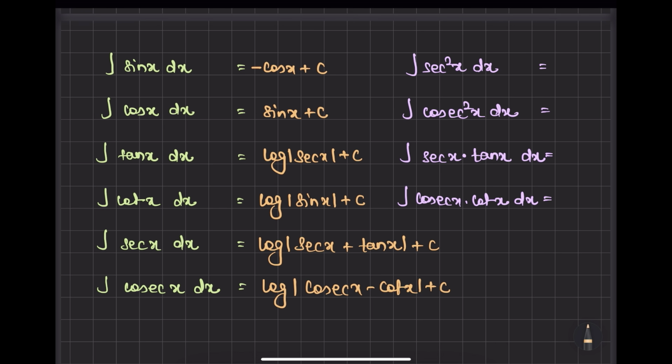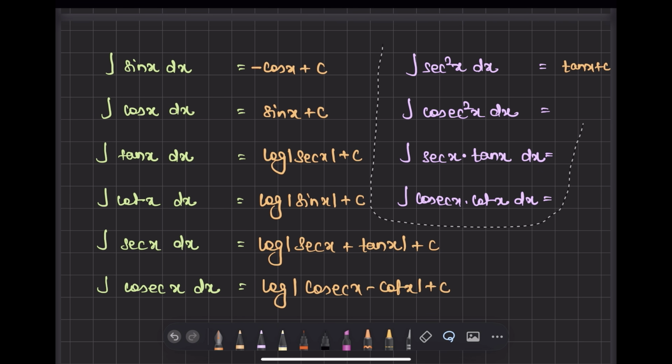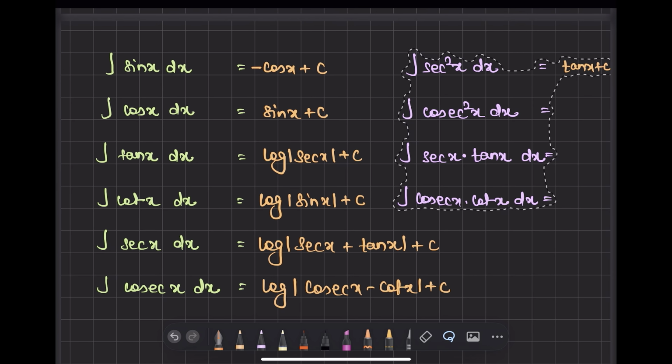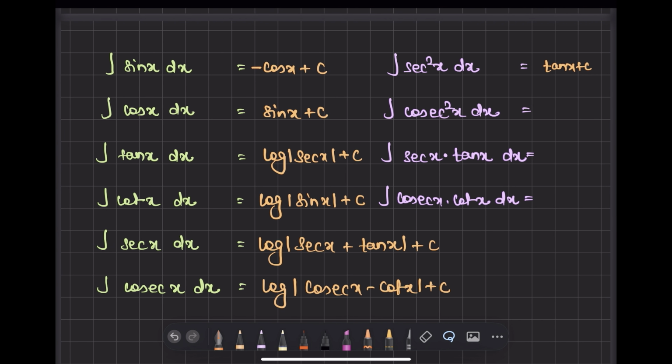Now we have sec square x. Sec square x is tan x plus c. Now we have cosec square x. Cosec square x is, wait a moment, cot x plus c.